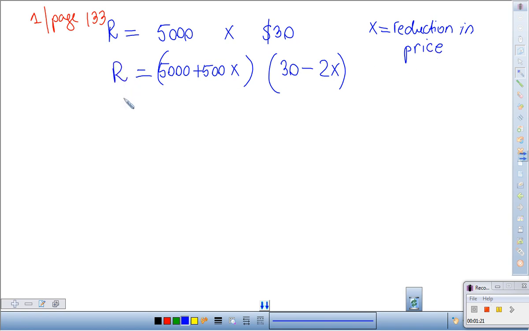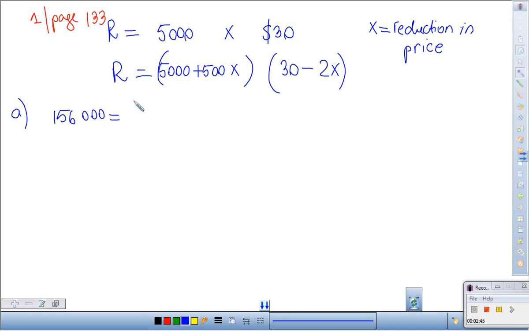Now, let's look at what the problem is asking us to find out. For the company to make revenues of $156,000 from the sales of the book, how many books must be sold and at what price? So we know that the new revenue in question A is $156,000.